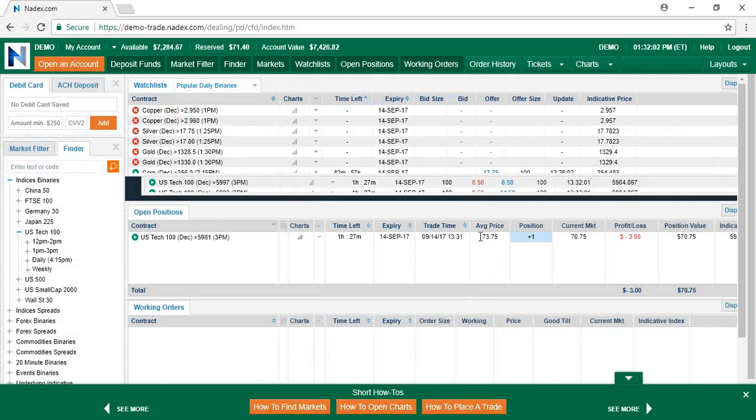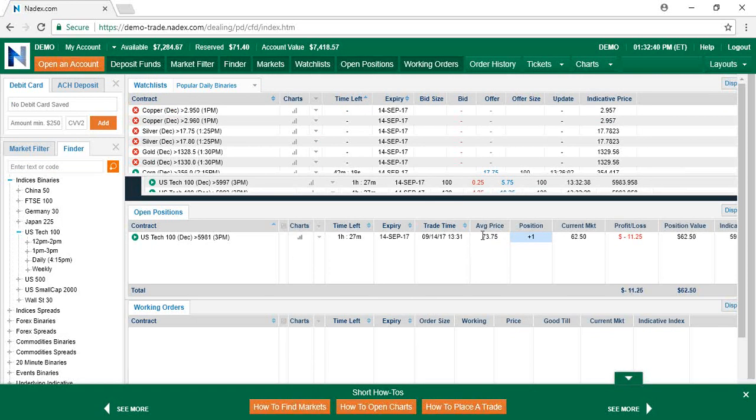Okay, so my risk is $73.75, correct? And if it expires profitable, it'll be worth $100. So I'm risking about $73 to make about $27, right? Well, I can't place a working order to sell it for less, but I can put a take profit order in to sell it for more, right?